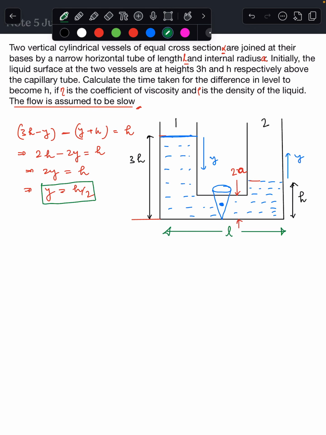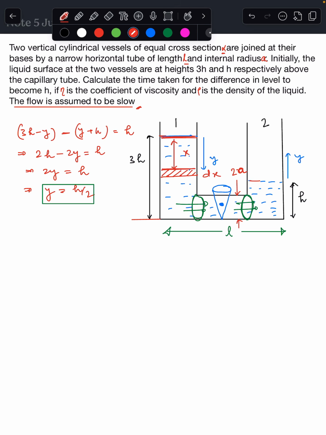So now I will do the calculation. If you think about this horizontal segment, there will be a flow of liquid through this horizontal segment. In what way can I assume this? Let us say on the left vertical tube at some distance x, the liquid layer is down by another distance dx.